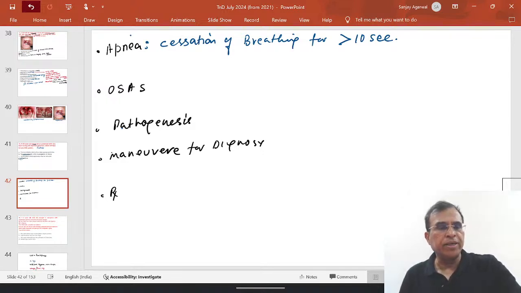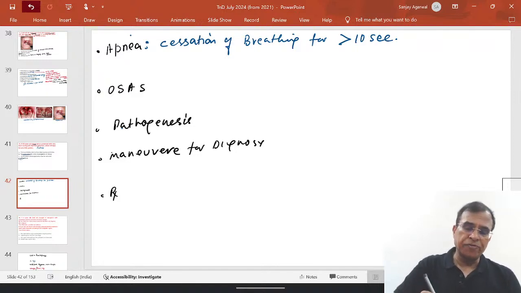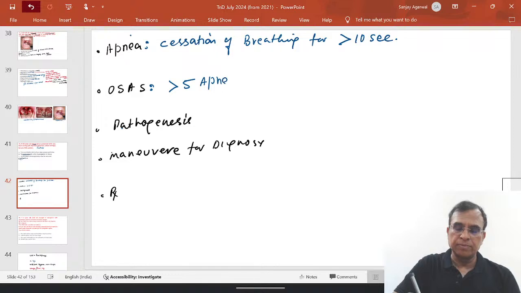So it's a cessation of breathing for more than 10 seconds. It's about breathing. The breathing stops. Bradycardia comes later. Okay. What is the criteria for OSAS? If somebody has more than 5 apneas per hour of sleep on an average.